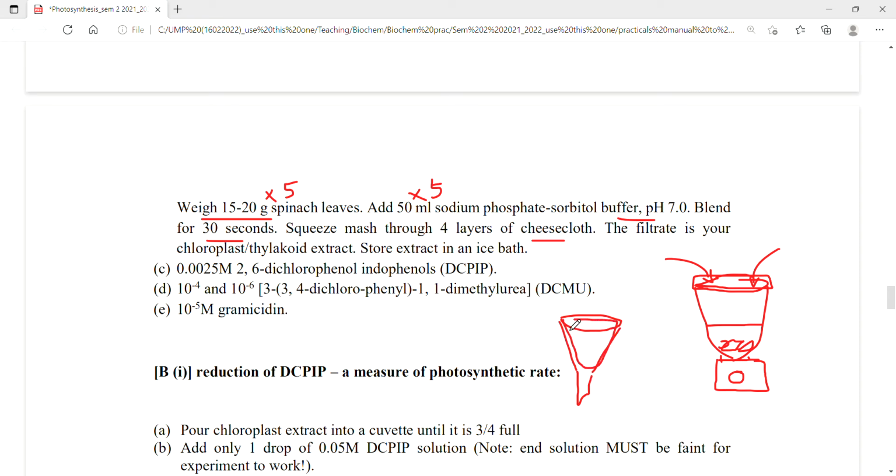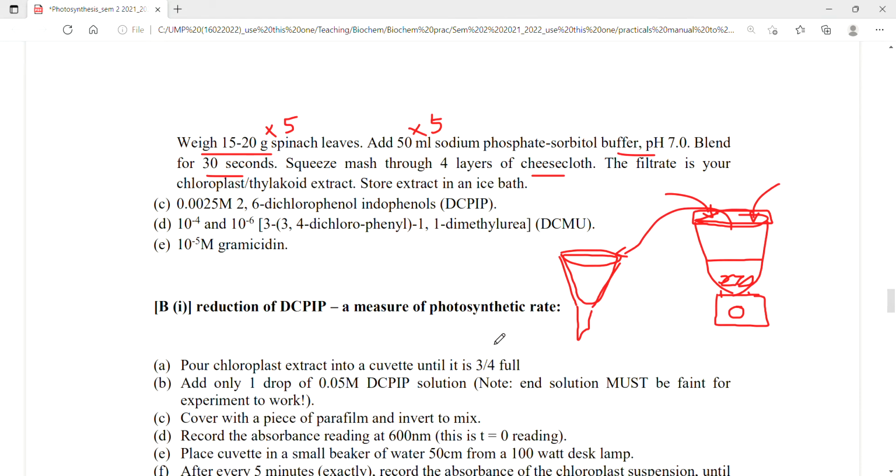We put the cheesecloth in and then pour in the content after blending for just 30 seconds. Hopefully the liquid comes out quick enough, and then we collect it in a beaker.